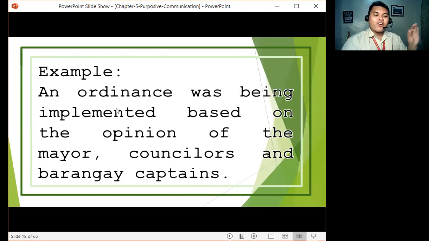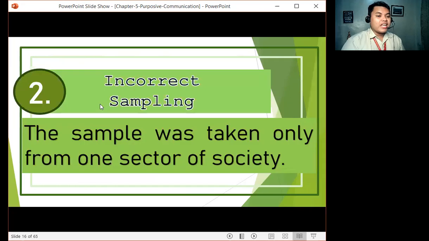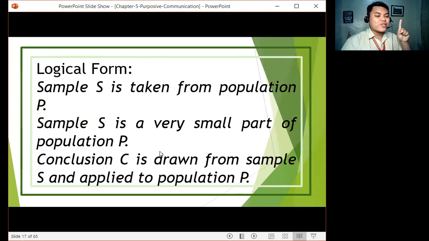In this one, an ordinance was being implemented based on the opinion of the mayor, councilors, and barangay captains. Take note, only a few are mentioned in the example. Take note, the sample was taken only from one sector of the society.